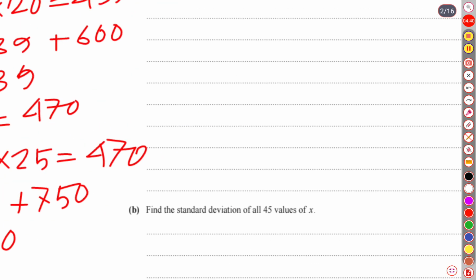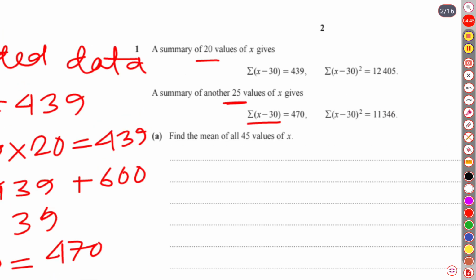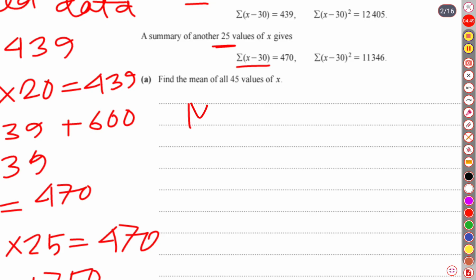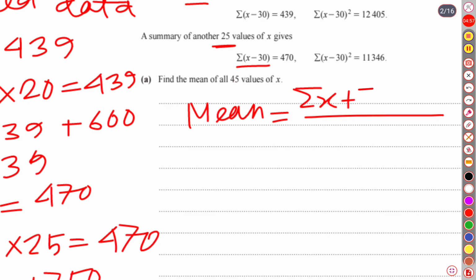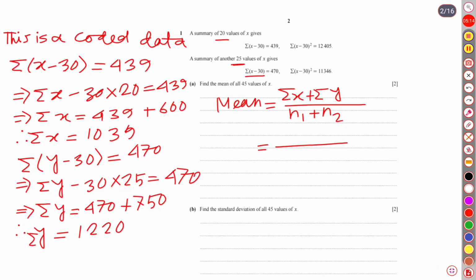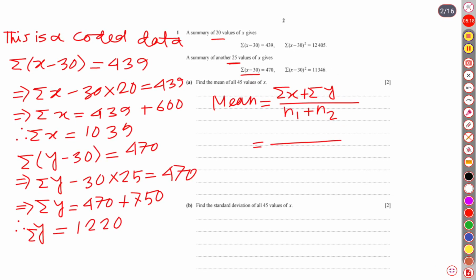Now we will have to find the mean. The mean is equal to sum of x plus sum of y over n1 plus n2. Sum of x is 1039, and sum of y is 1220, over n1 plus n2.